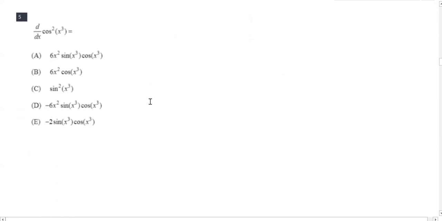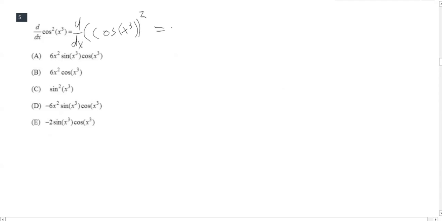Now let's move on to number 5. We want to find the derivative of cosine squared of x cubed. Okay, so with this one, it might be helpful to write this as cosine x cubed, squared. All right, now we're going to do the chain rule here.